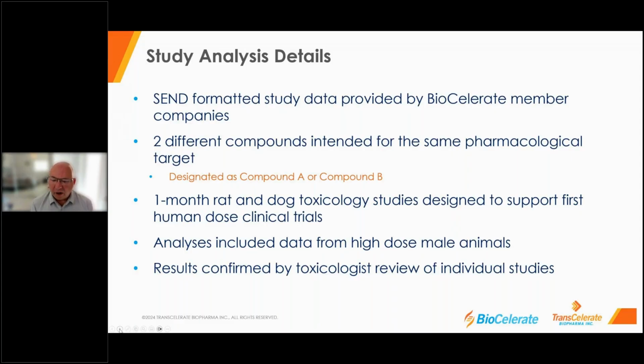And then finally, we went back and had toxicologists review the study data for the 4 studies that we analyzed and confirmed that the interpretation of the toxicology studies on an individual basis was consistent with the output of the tool and the findings that were identified from using the tool. Next slide, please.